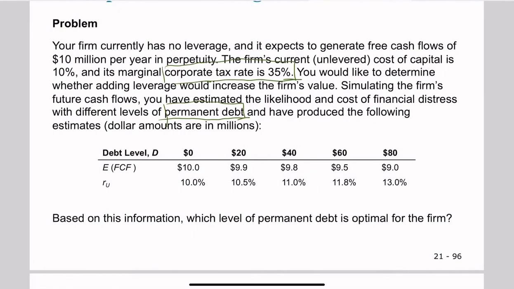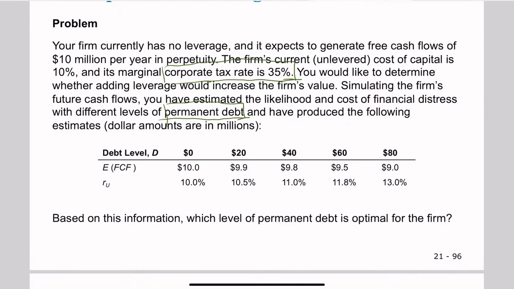Now we have to think about valuation, right? We basically want to find out at what level of debt the firm's value is the largest. Then we will use that level of debt as our optimal level of debt, right?